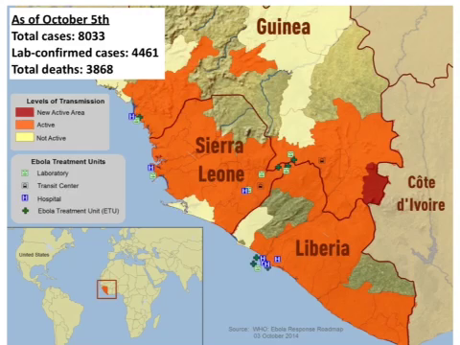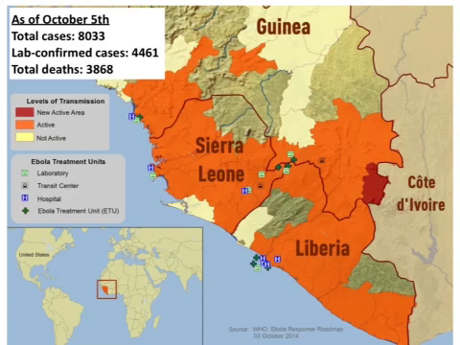Now, here is a map of the current outbreak, and I went onto the CDC website and pulled up a few statistics. The latest statistics available were as of October 5th. So as of October 5th, there were just a little bit over 8,000 cases.